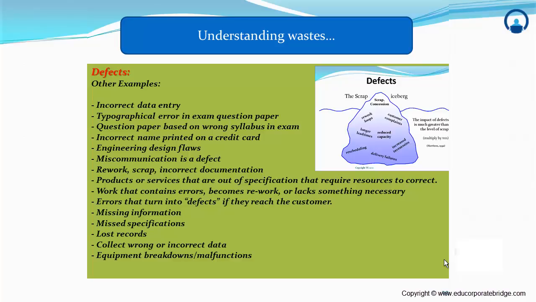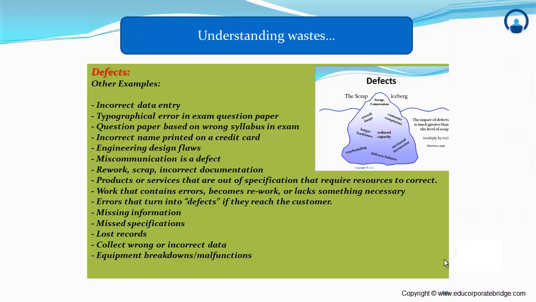That bridge pillar was not designed to carry the load, and it failed while commissioning, and due to that 3 people died on the spot. Likewise there are many other examples of engineering design flaws. So the engineering design should not contain this kind of flaws, because the impact could be very high and very disastrous as well.